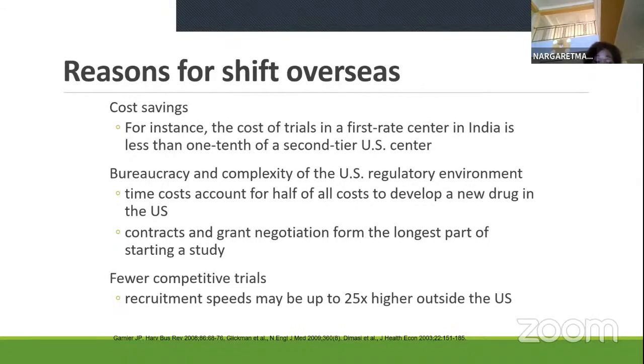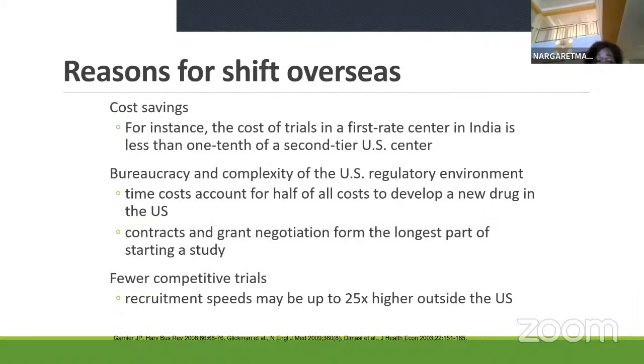The timing to look at contracts, negotiate, and so on takes much longer than in what I would call developing countries. Recruitment also is slower because the rules and regulations there are so tedious to cut across.